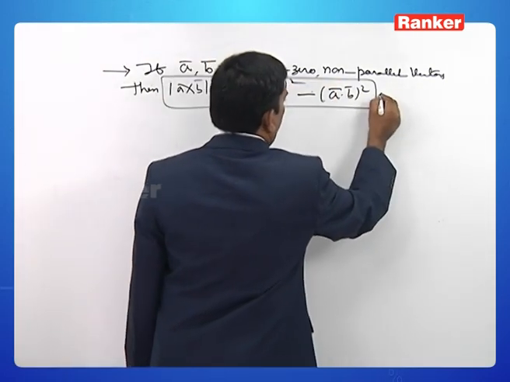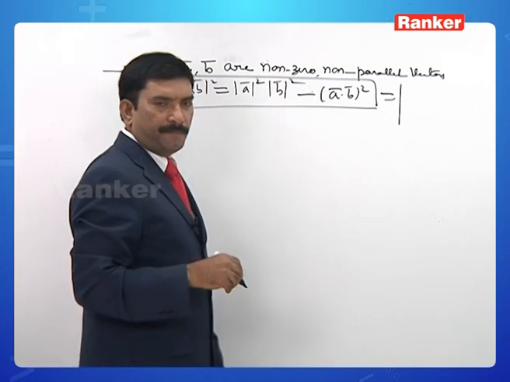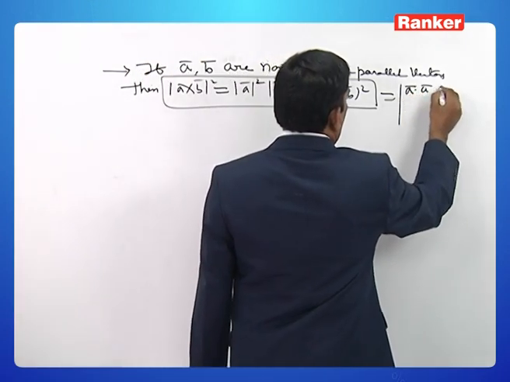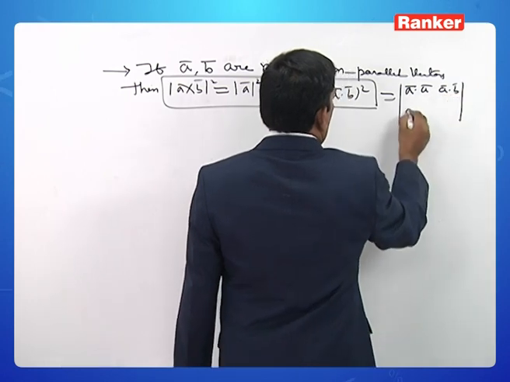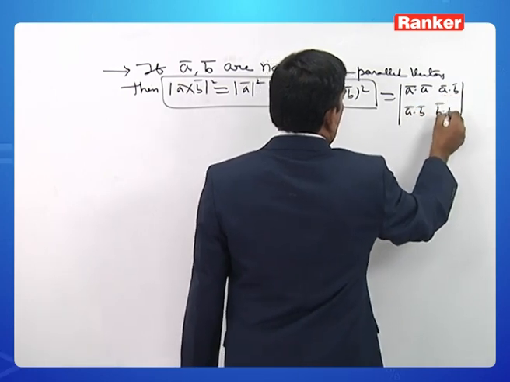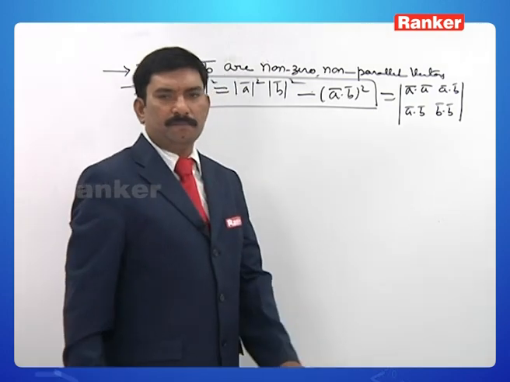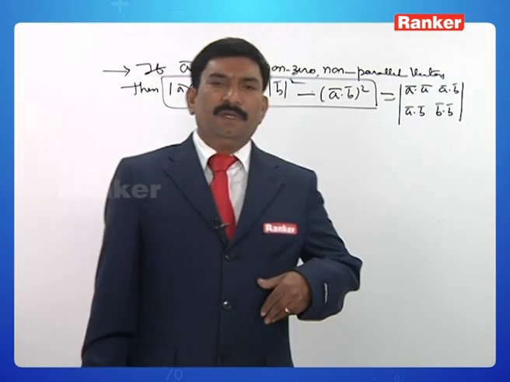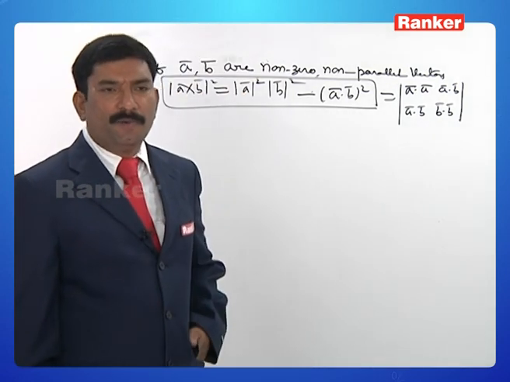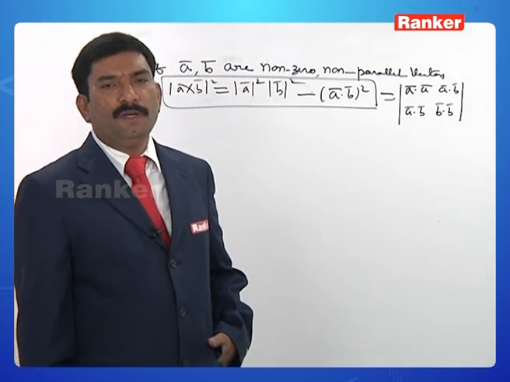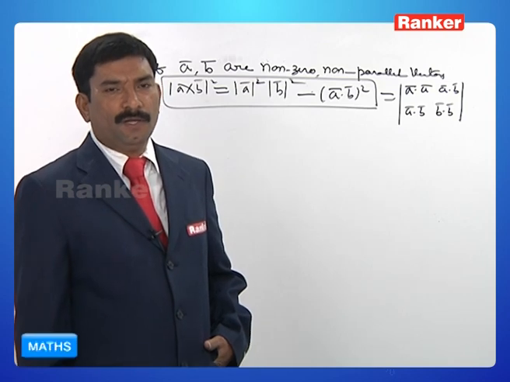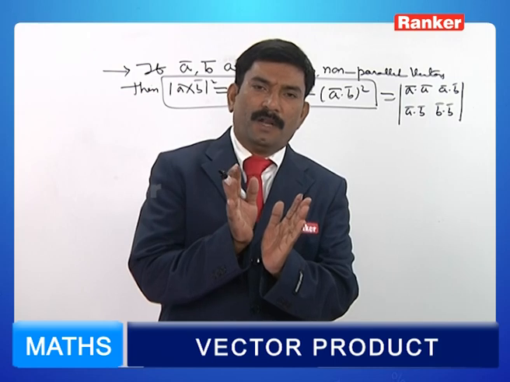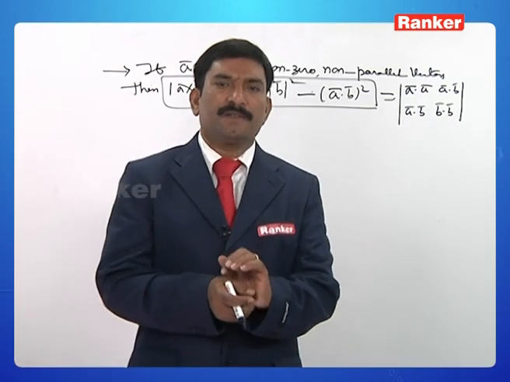This is the same as the determinant with rows A dot A, A dot B; A dot B, B dot B. This is one of the important properties of the vector product. It gives the correlation between the vector product and the dot product.